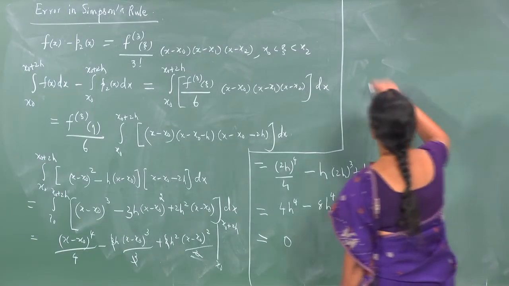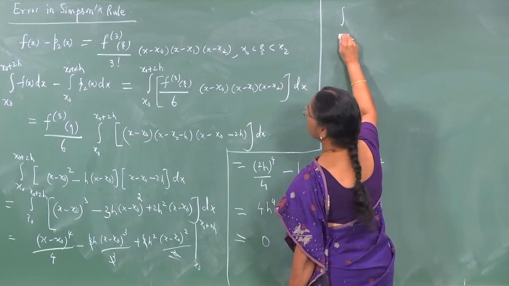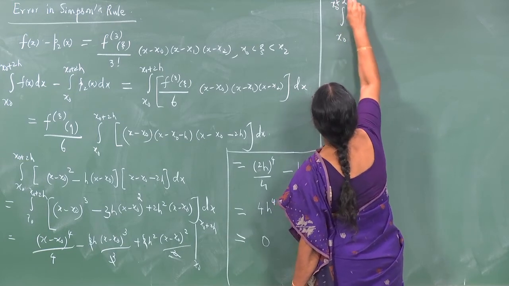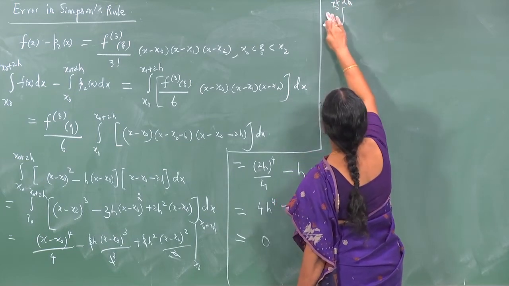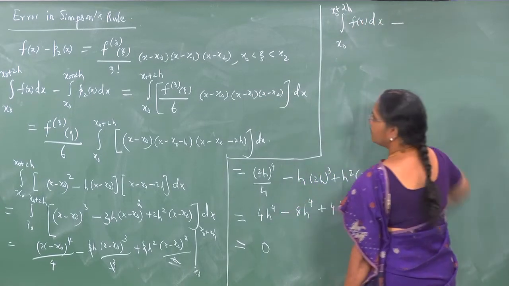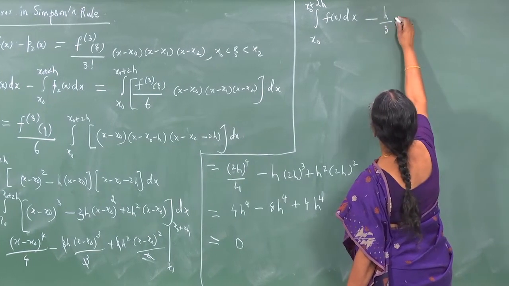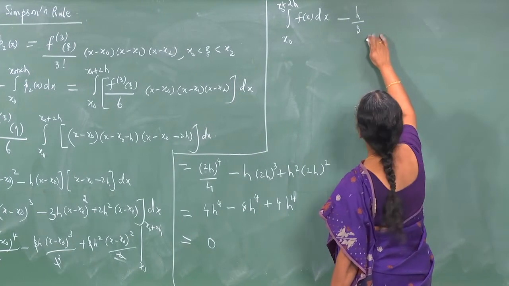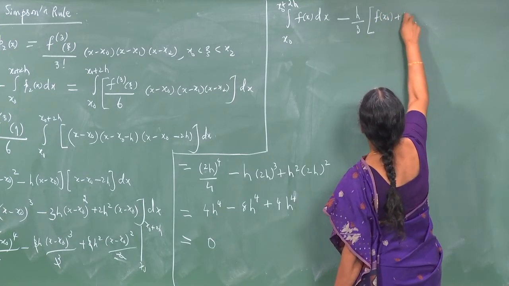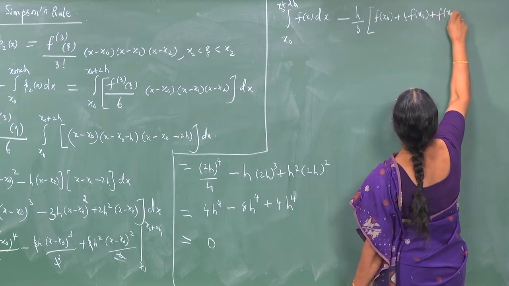So, let us evaluate the error as follows. Namely, we wanted to see what is the difference between the integral from x0 to x0 plus 2h of f of x dx minus the formula that we derived, namely h by 3 into f of x0 plus 4 times f of x1 plus f of x2.